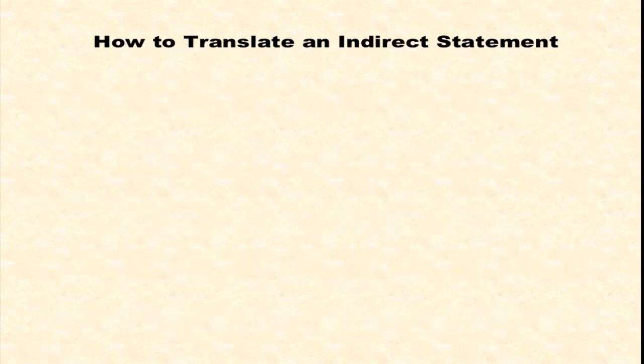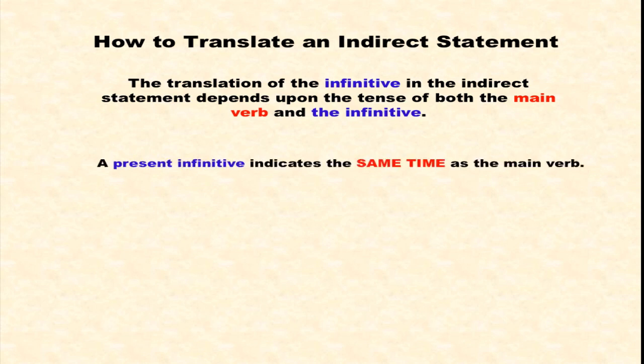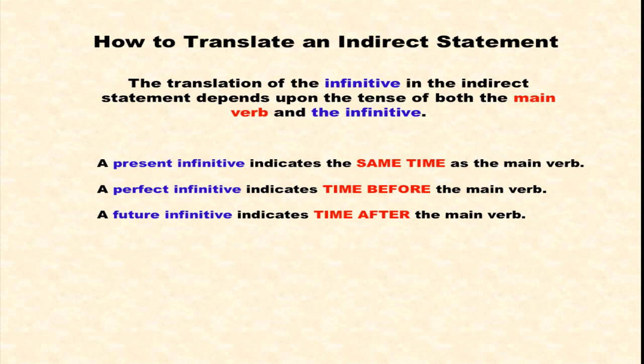How to translate an indirect statement. The translation of the infinitive in the indirect statement depends on the tense of the main verb. The present infinitive indicates the same time as the main verb, no matter what tense that main verb is. A perfect infinitive indicates time before that main verb, and a future infinitive indicates time after that main verb.